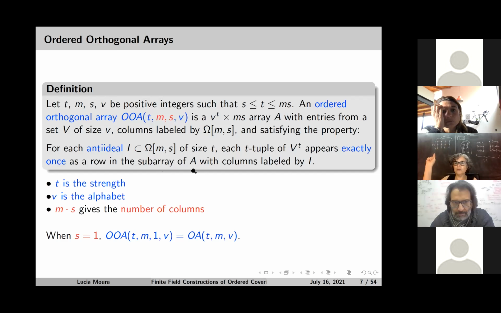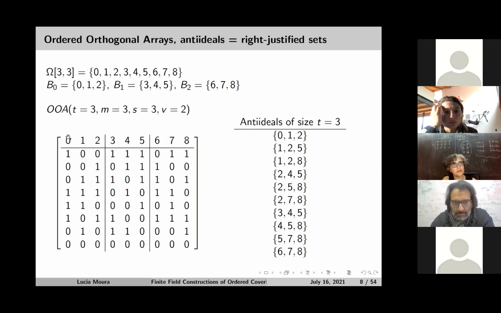When those chains all have size 1, I am in the case of ordinary orthogonal arrays, but otherwise I have something different here. So here are my chains, and I can look at anti-ideals. For example, this type of anti-ideal, that is everybody in one chain: I look at those columns and I must find every tuple of the alphabet appearing exactly once.